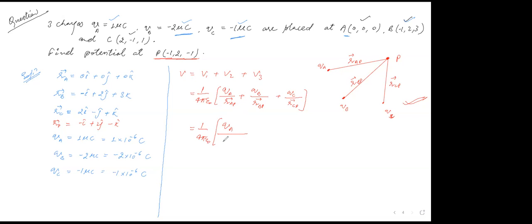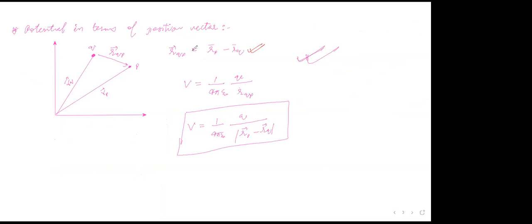RAP can be written as RP minus RA. Do you understand? From the concept of position vector, look at this equation. If your position vector is RQP, then first you should write RP, the last term, and from the last term you should subtract the previous term, RP minus RQ. Do you understand, Nawal?